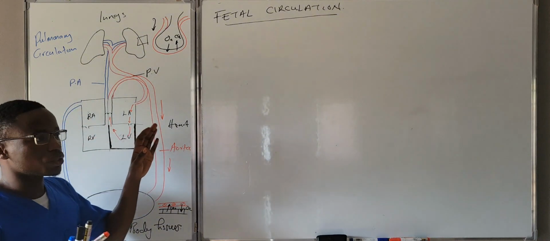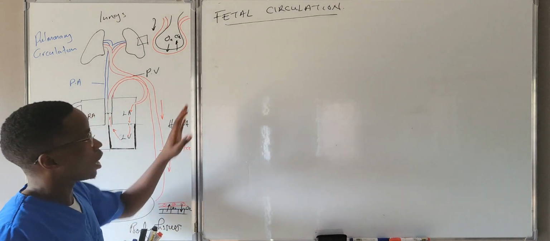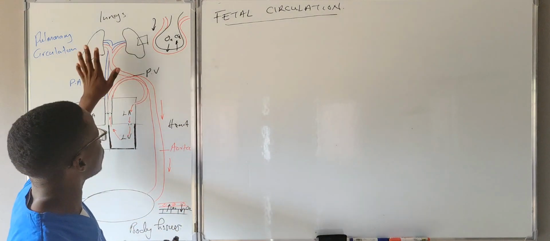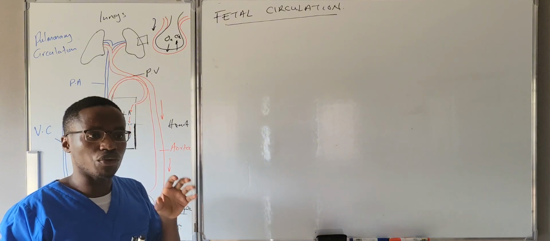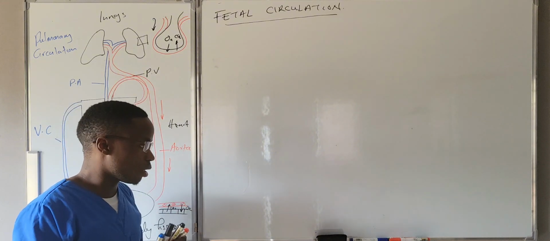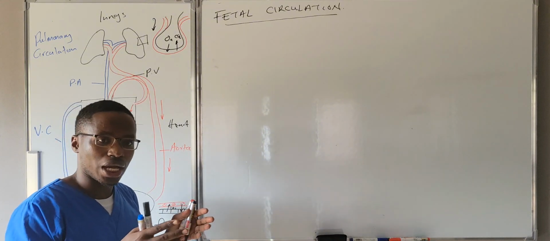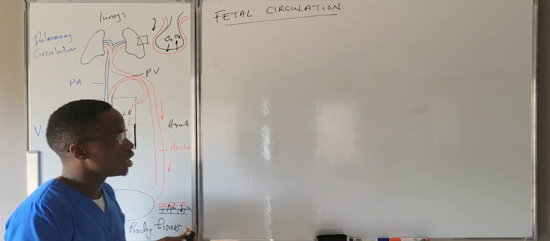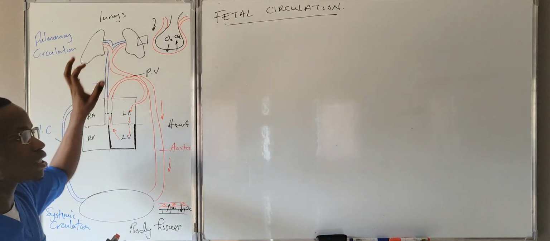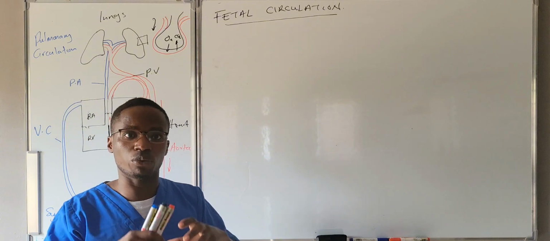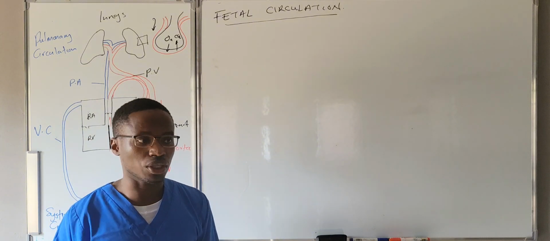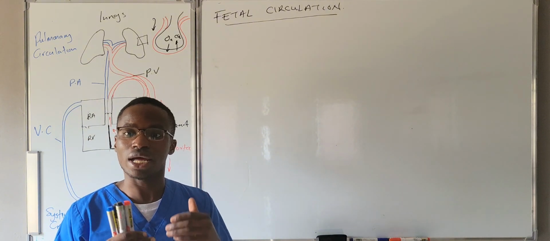Now, in fetal circulation, so this is adult circulation. Now, I want to talk about fetal circulation. The difference between fetal circulation and adult circulation is that the lungs of the baby in utero, within the uterus, are non-functional.